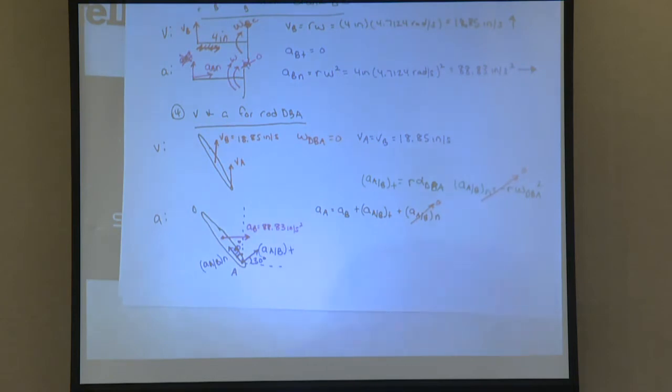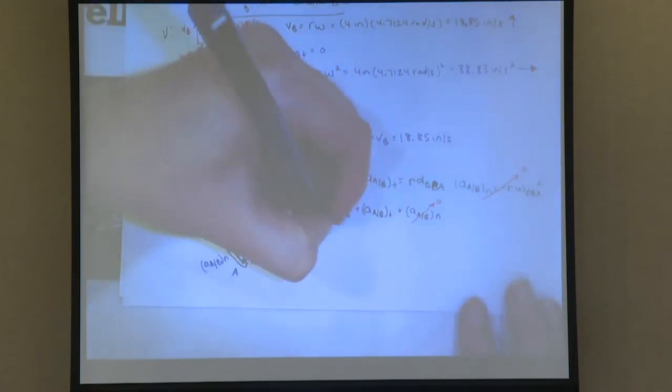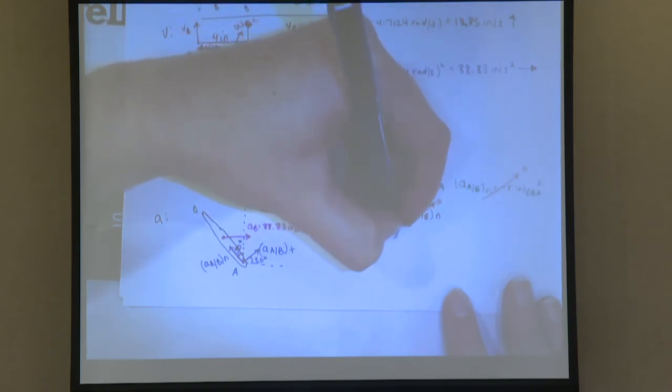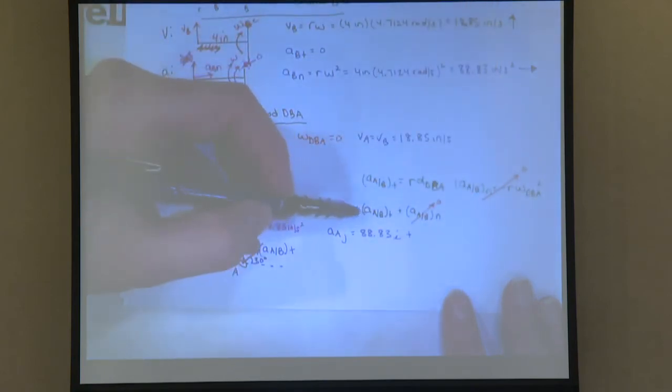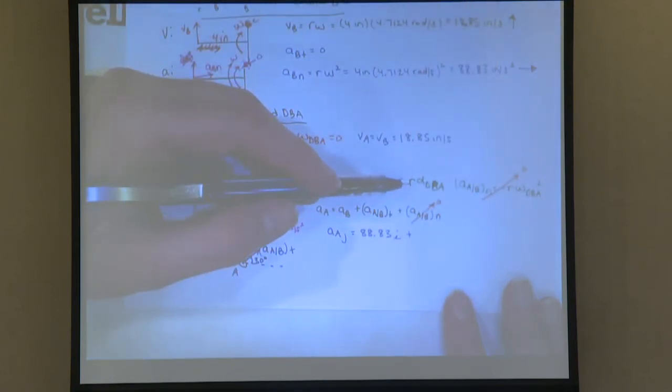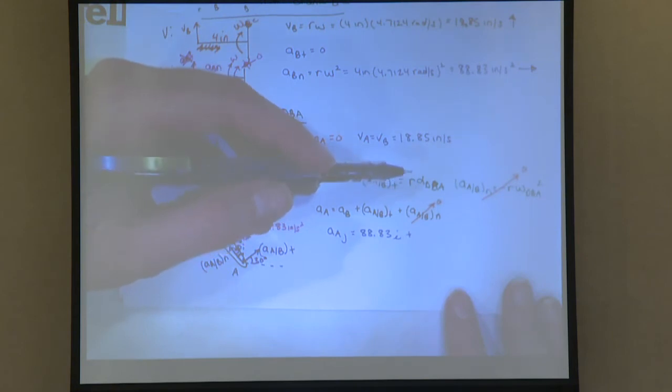So then, solving this out, we should get acceleration of A in the J is equal to 88.83 I. And then for the tangential component, we said it's R times alpha.